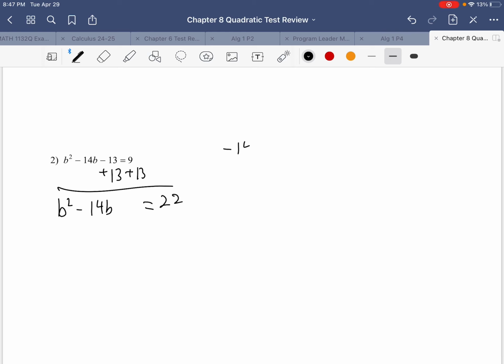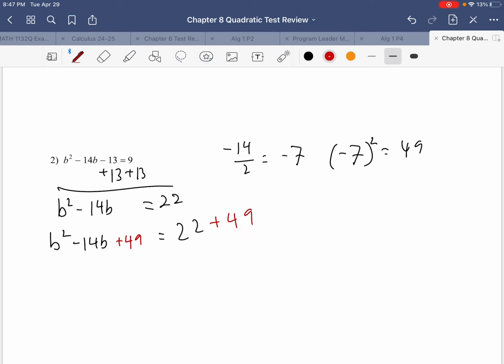I'm going to take the negative 14 and divide by 2 to get negative 7. Negative 7 squared is 49. So b squared minus 14b plus 49 is equal to 22 plus 49.